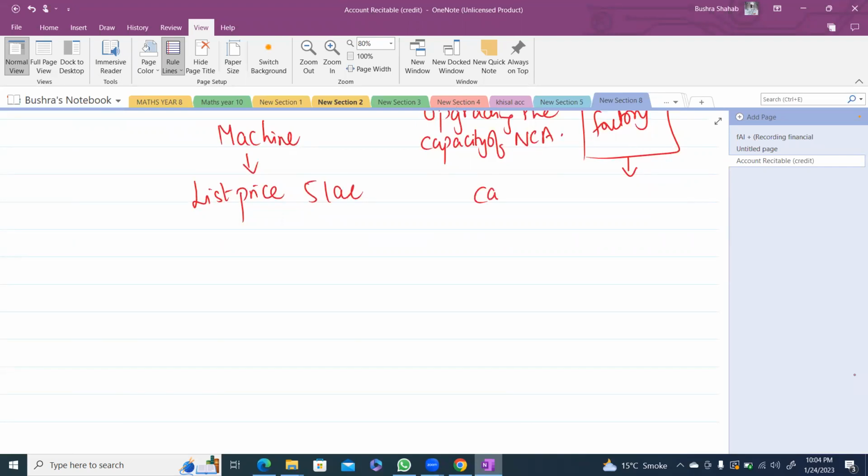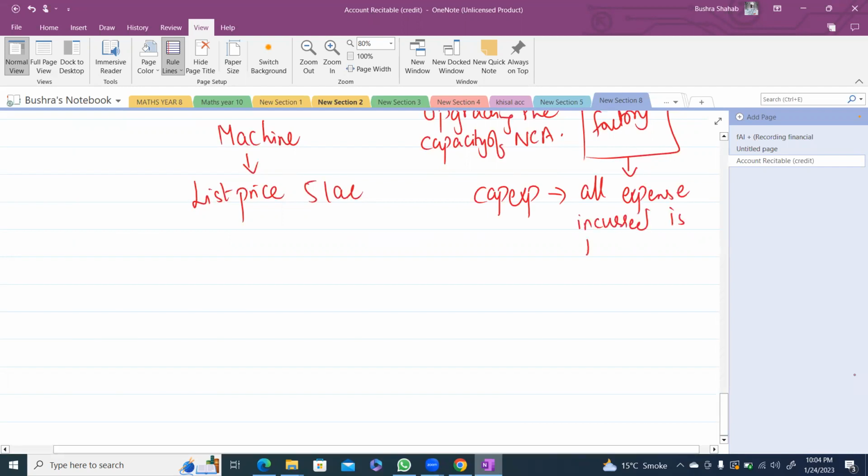All expenses incurred are capitalized in the cost of an asset. Capitalized means that you will add all those expenses incurred in bringing the machine to the factory to the cost of the asset.